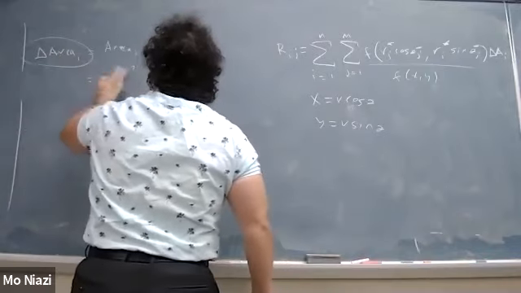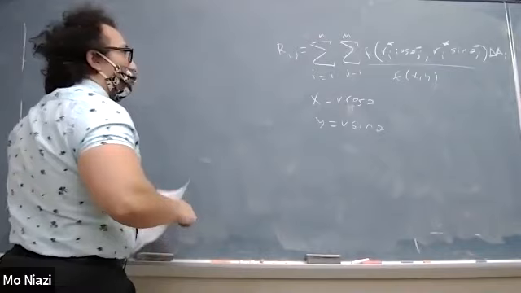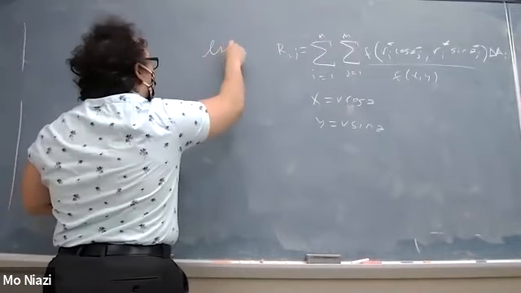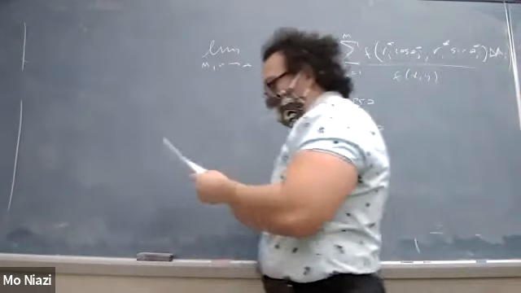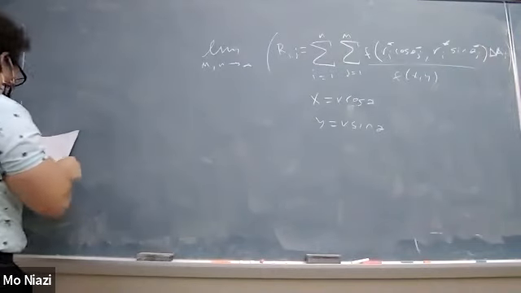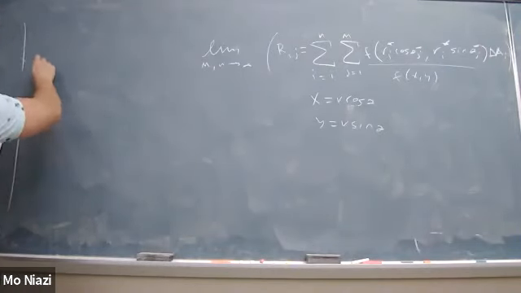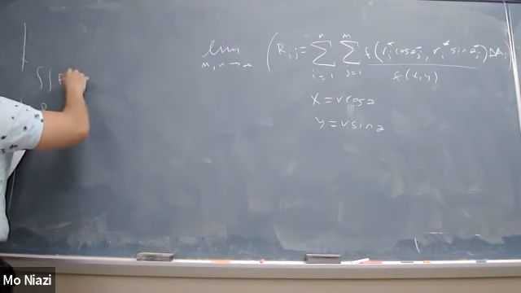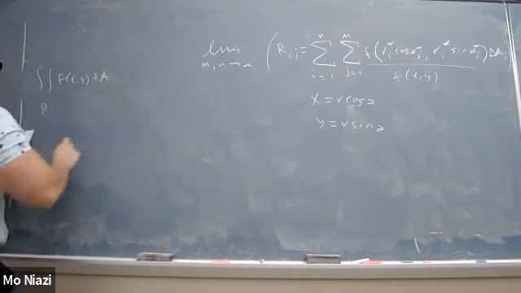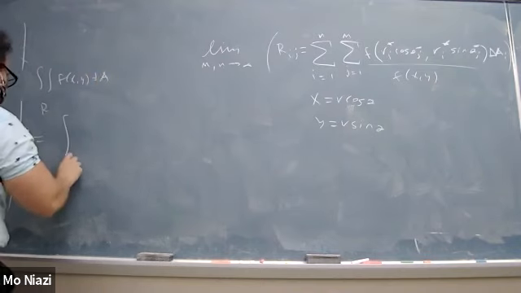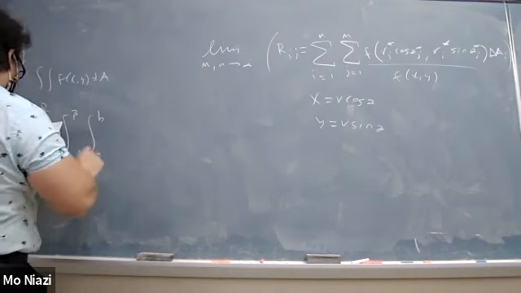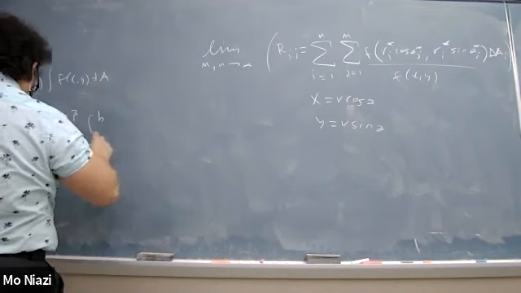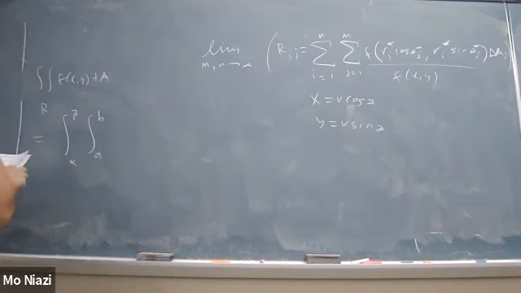So I spent enough time on the derivation here. What happens when you take the limit as m and n approach infinity? All this is when you get our tool that we want, which means the double integral on a region R of some f of x y, d A, is the same thing as an integral from alpha to beta, integral from a to b, of some, and I explained where the differential comes from.